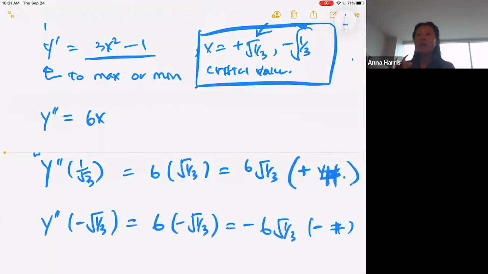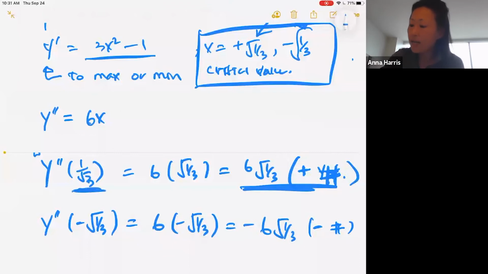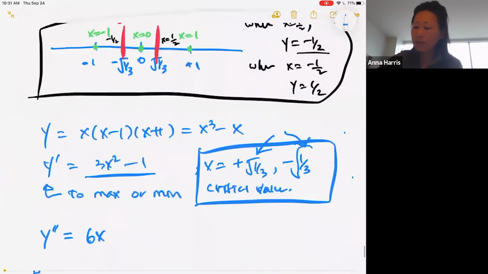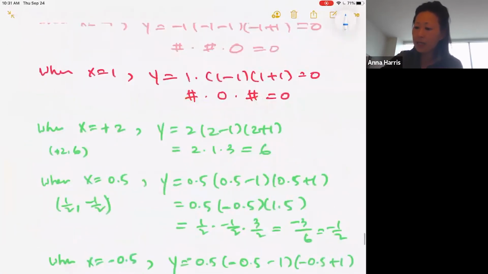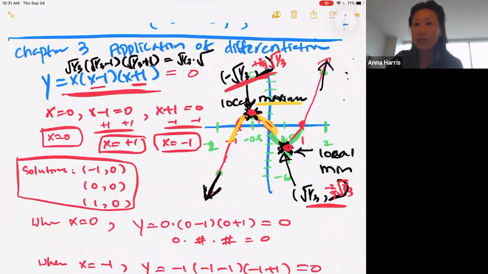Okay, so now let's look at it. I want you to look at the graph. So remember, when I plug in square root of 1/3, I get a positive number. So y double prime is a positive number. So let's see what happened then. Look at my equation. This part right here, you get a what?